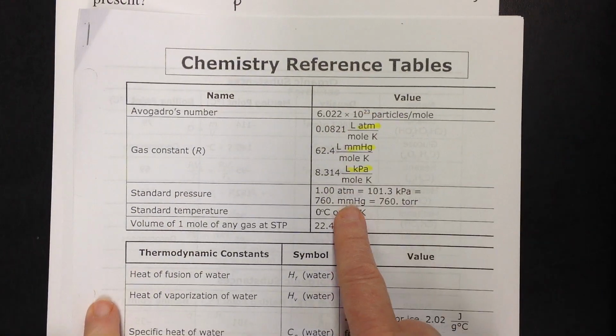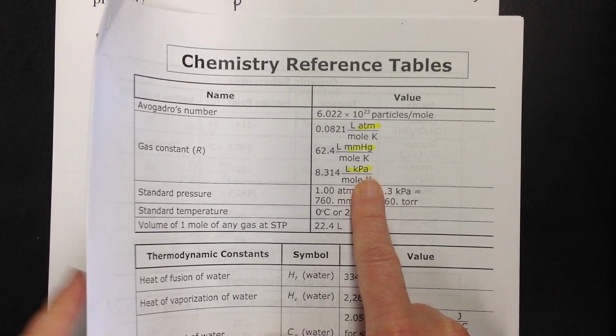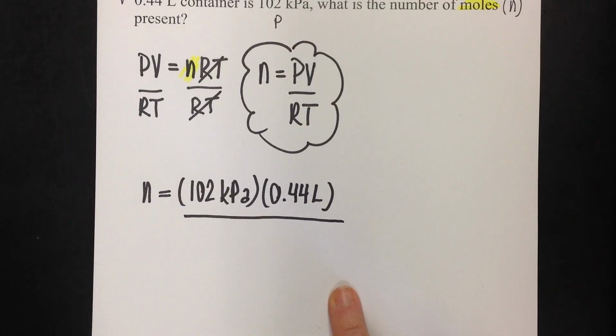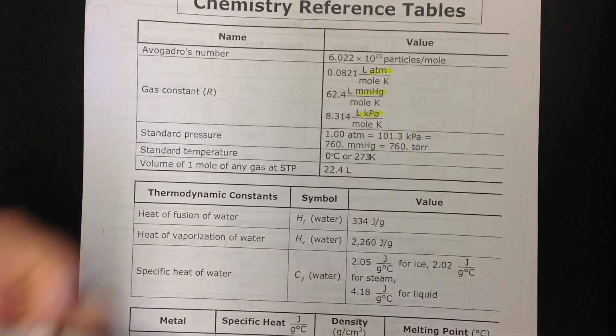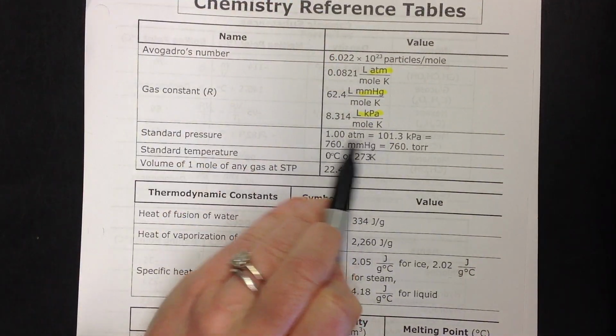Remember, you've got 3, and you base it on the units of pressure that are being used in the problem. This problem is using pressure in kilopascals. So all I'm going to do is peruse through these choices, and I'm going to find the one with kilopascals in it. It's this one right here.